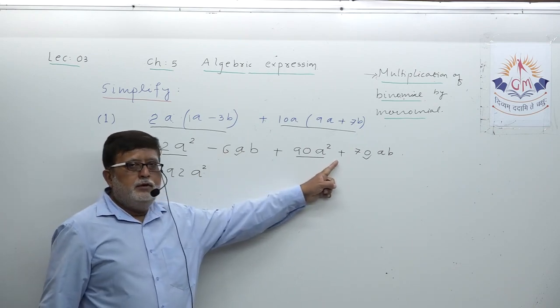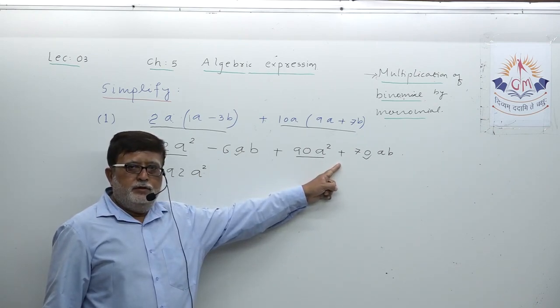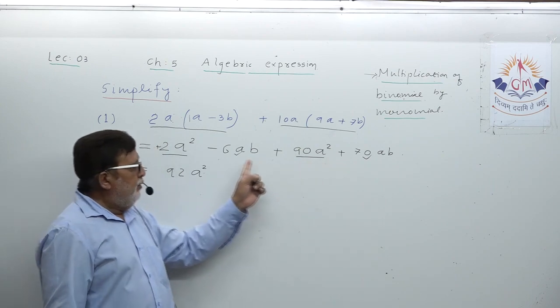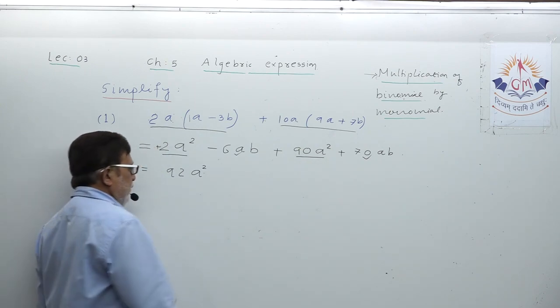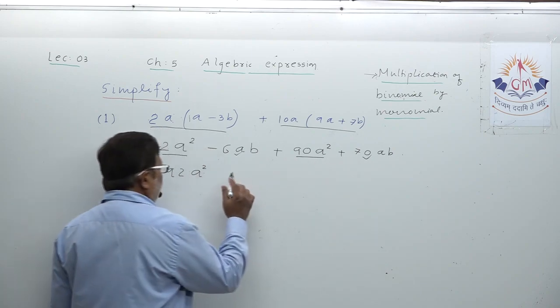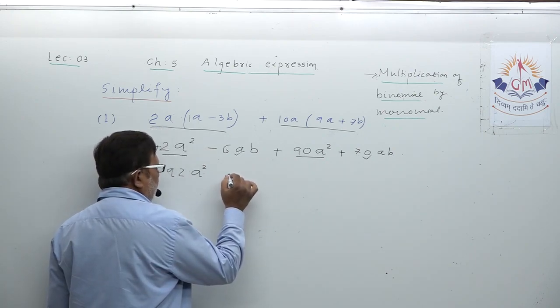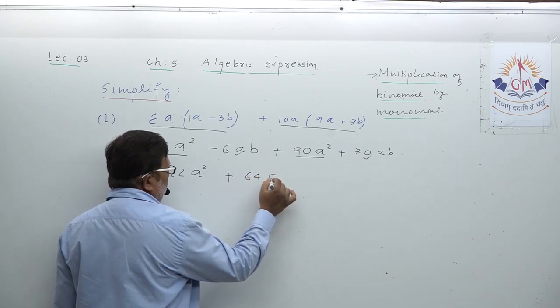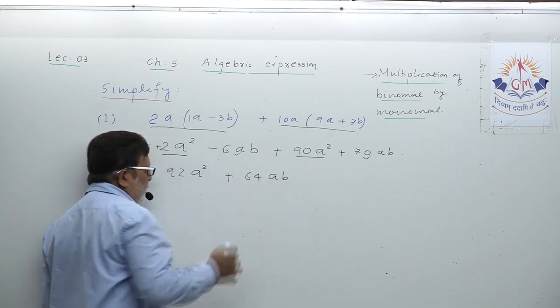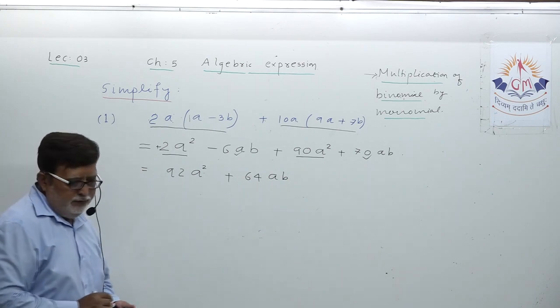Minus plus minus 70 minus 6, 64, but the sign of the greater number will be here, so this will be 64ab. This is the final answer of the simplification.